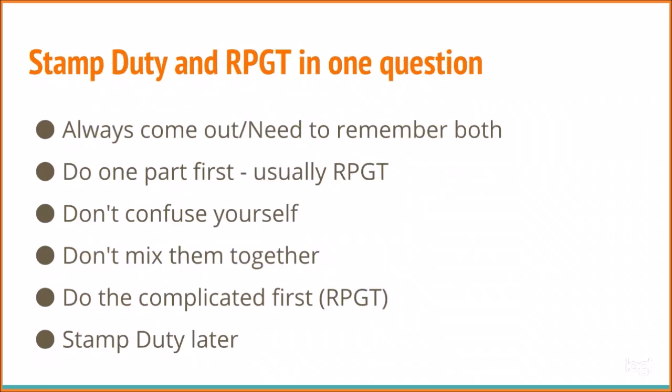The other area I would like to mention about this combination of stamp duty and RPGT in one question is that you probably tend to work it out in the system where you answer one part and then go to another part.